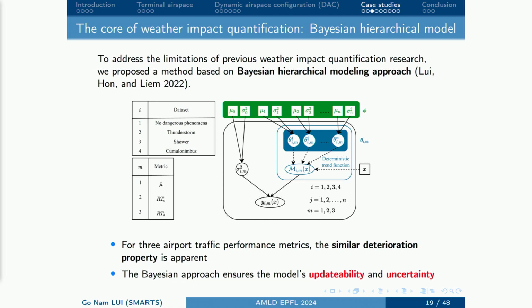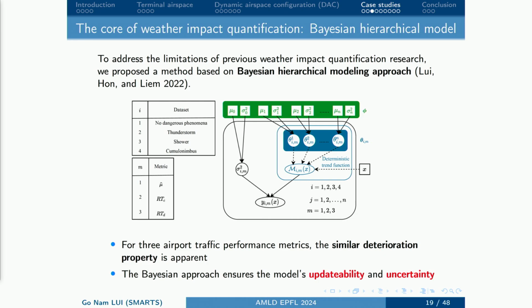quantification model. Here I only show the core of my model. Basically it's a Bayesian hierarchical model. We chose this model because we can use distributions to describe some of the local parameters of the mean trend functions. The mean trend function inside the blue box describes the similar deterioration properties for three airport traffic metrics, including the mean delay per hour, cancellation rates, and delay rates.